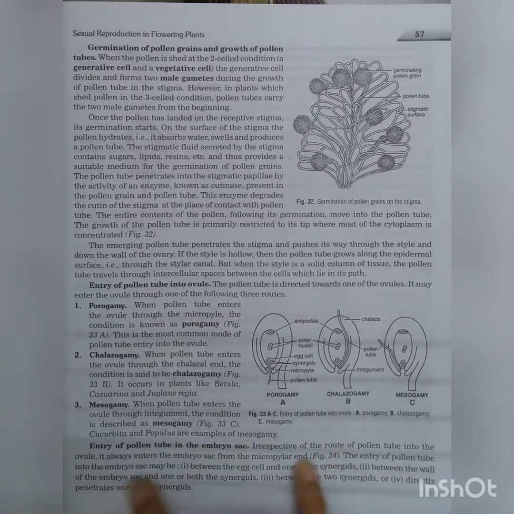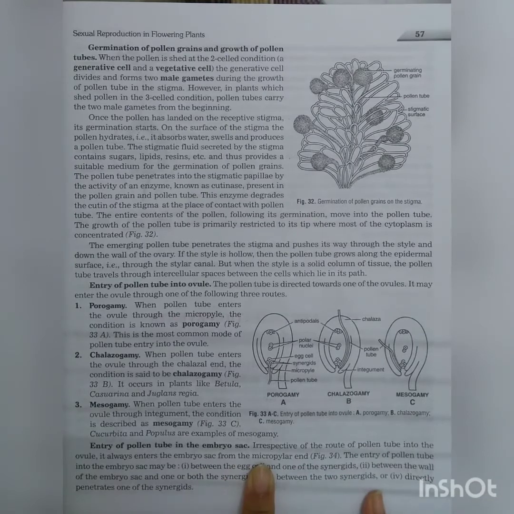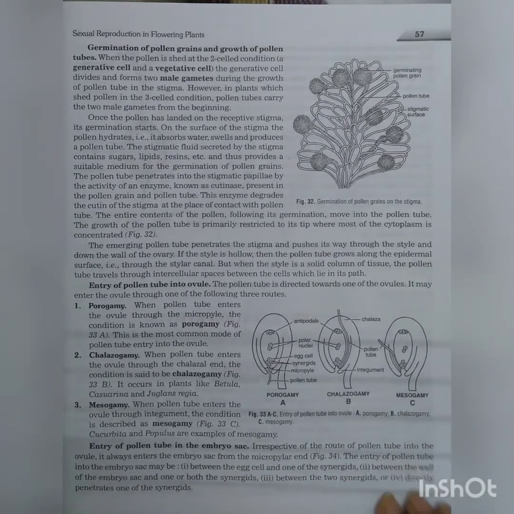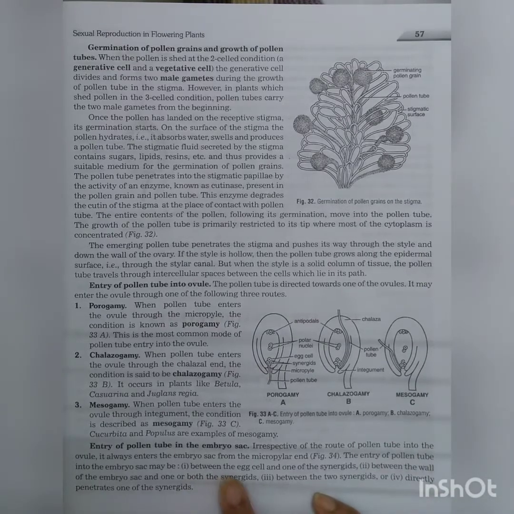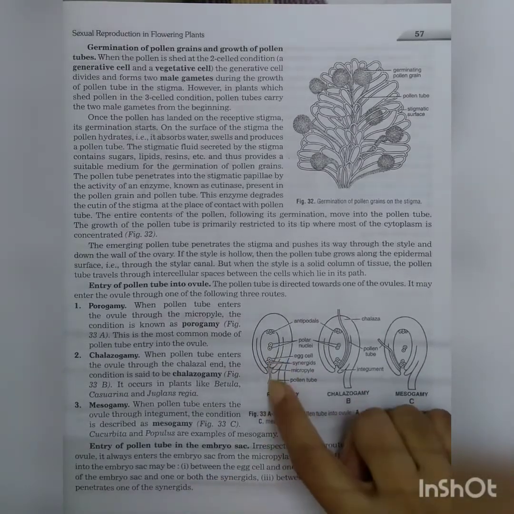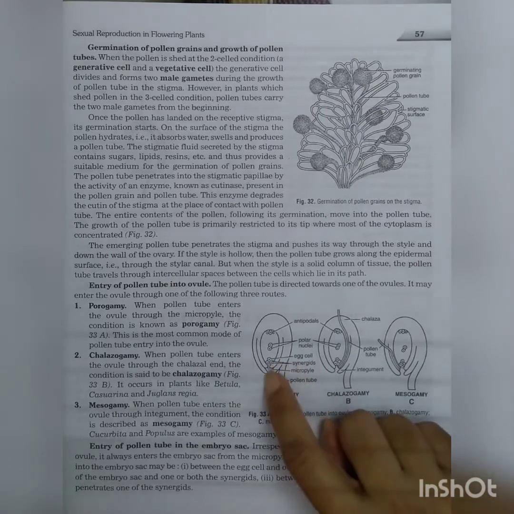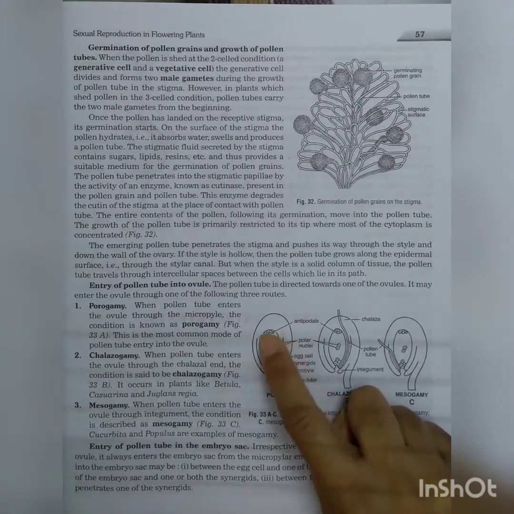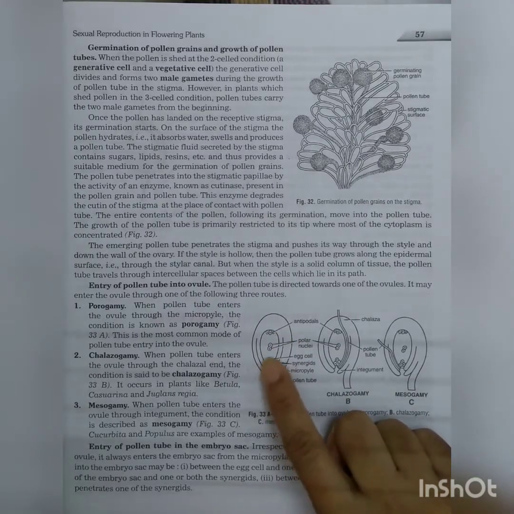Now entry of the pollen tube in the embryo sac. This pollen tube, from the ovule, always enters into the embryo sac from the micropylar region. But see, synergids and egg are here now. This is the antipodal end and this is the egg apparatus.